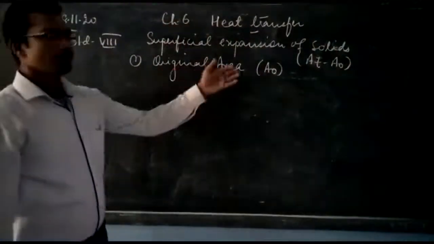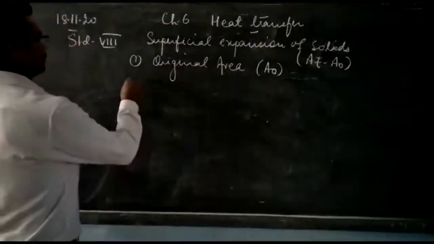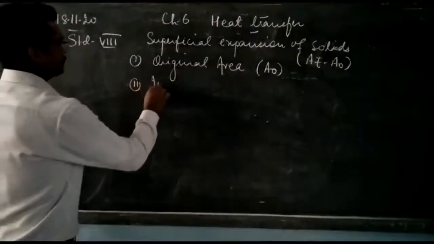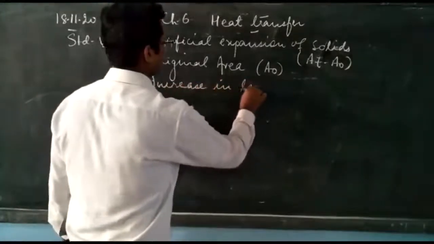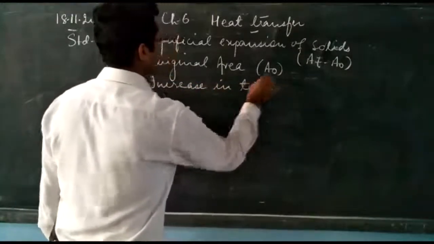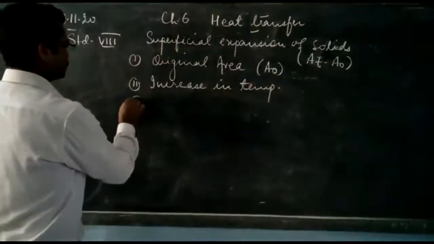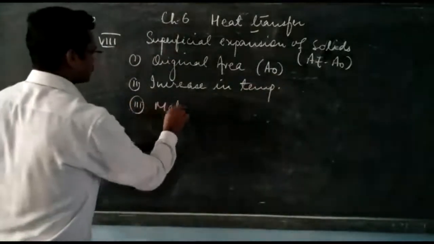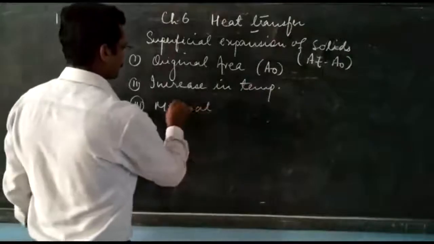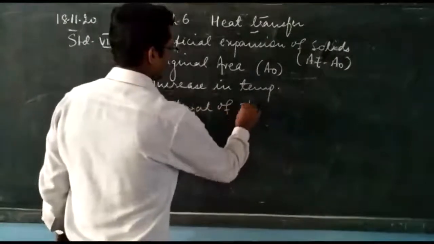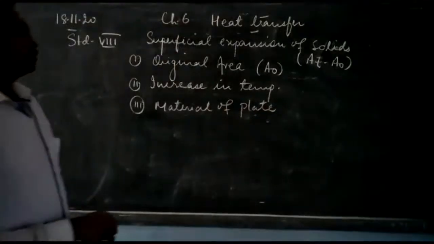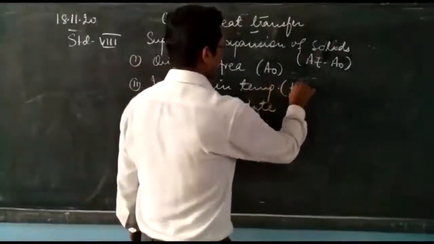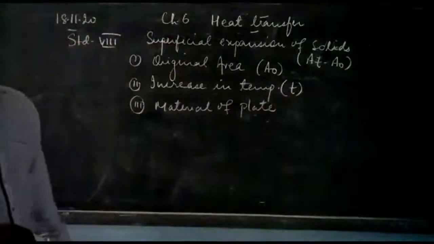So the original area of the plate, then second, increase in temperature, and third is the material of the plate. This increase in temperature can be T.